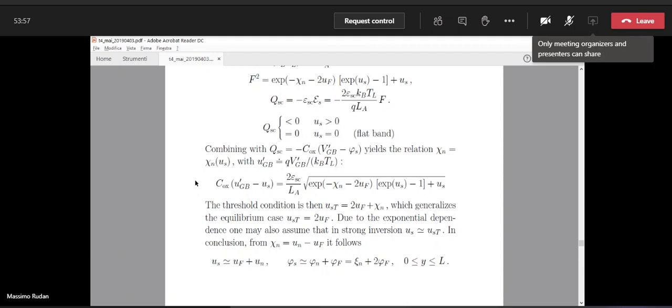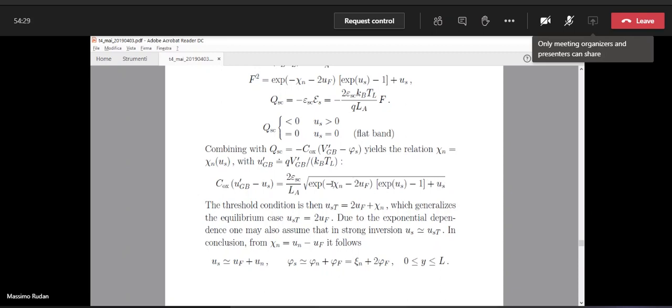You remember how we defined the threshold condition in the MOS capacitor. The threshold condition in the MOS capacitor is the condition in which, under the square root, the dominating term is the exponential of US. That is, exponential of US times the factor on its left is larger than US by itself.